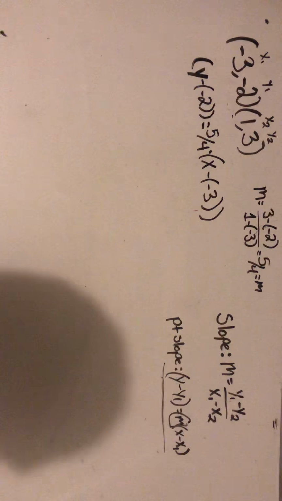So now that we're at this stage, we're going to multiply this 2 by the common denominator of 4, which will give us y equals -2 times 4 divided by 4 plus 15 divided by 4 plus 5x divided by 4.